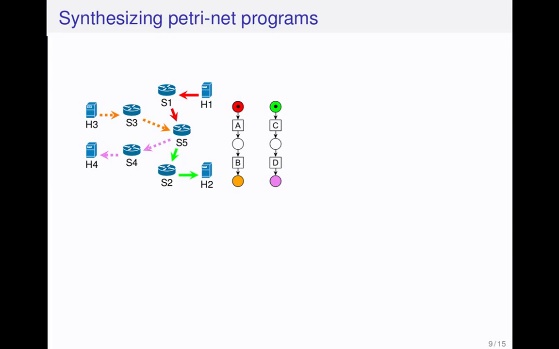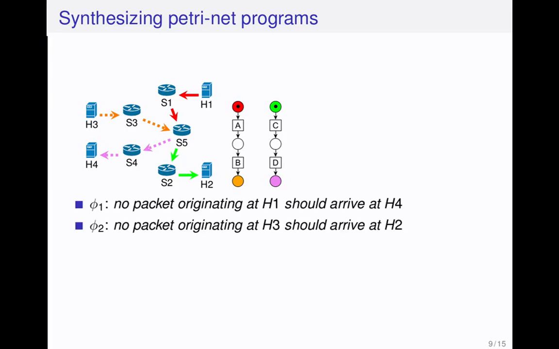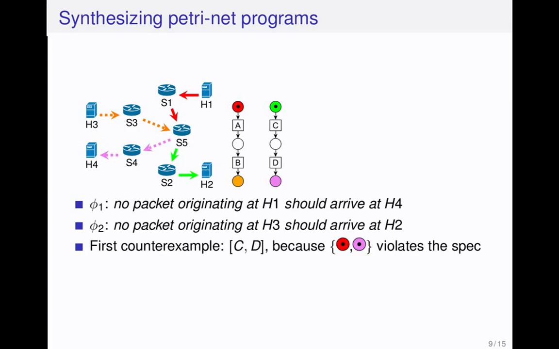Firing event A corresponds to taking down the red rules, and firing event B corresponds to bringing up the orange rules, and similarly with the other Petri net. Okay, so we can specify the isolation properties. In this paper, we specify them using LTL.